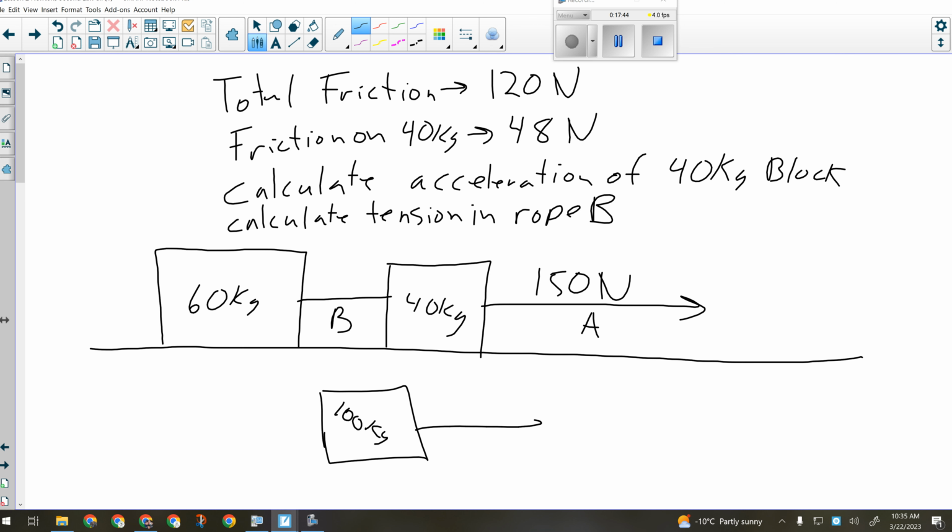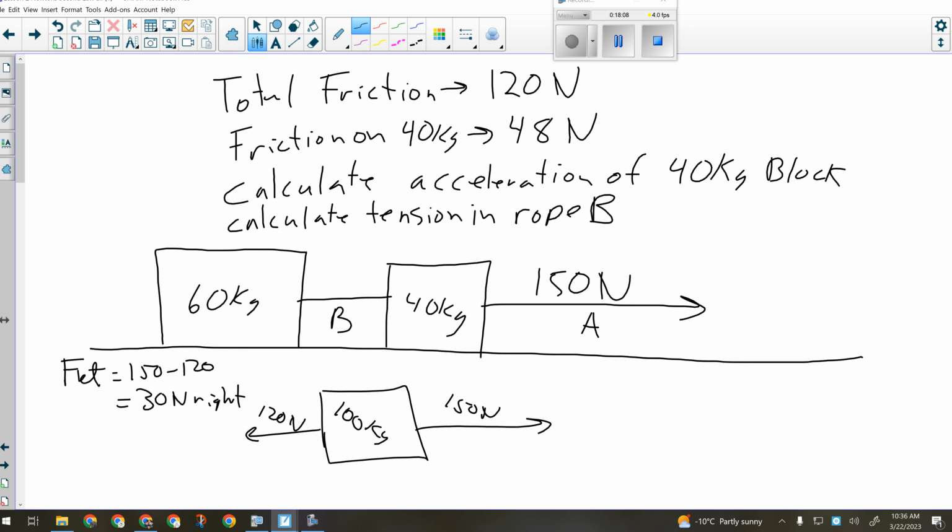It's being pulled this way by 150 newtons worth of applied force and resisted this way by 120 newtons worth of friction. So right off the bat, I can do a vector sum of all forces calculation here where I've got 150 minus 120, and I get that my net force is 30 newtons.